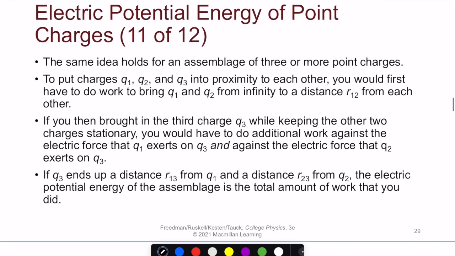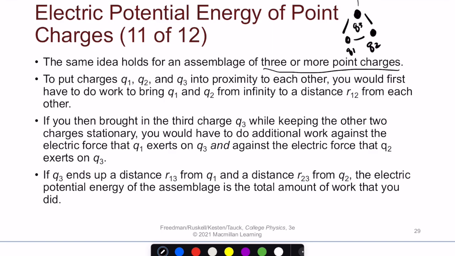So we can take this idea between two particles and extend it to three or more point charges. In order to do that, we examine the potential between two charges, and then we bring in a third one, and then we examine the potential energy between that pair and that pair, in addition to the pair that was already there.